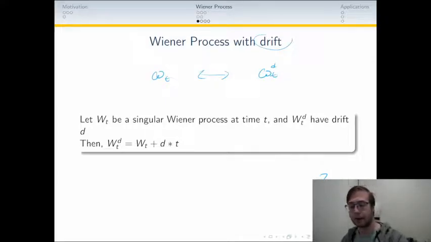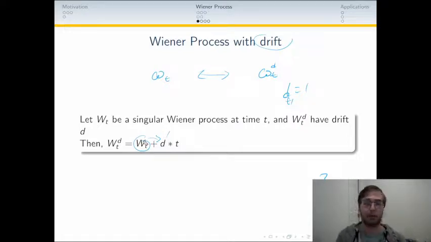So at time t, it will have drift d times t. So say at time 1, if we have d equals 1 and t equals 1, then it'll be 1 more than a single Wiener process, than this Wiener process on average.